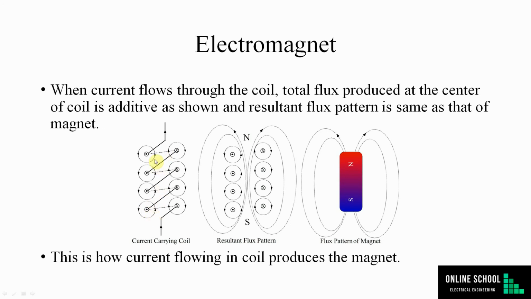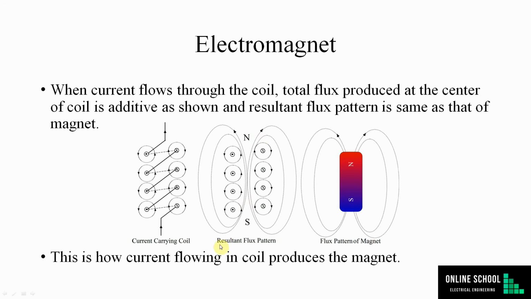If you look at the center, the flux from both conductors on this side is in the same direction. That means flux is additive. So the equivalent flux will look something like this. More concentrated flux will be at this side, and here it will be less.